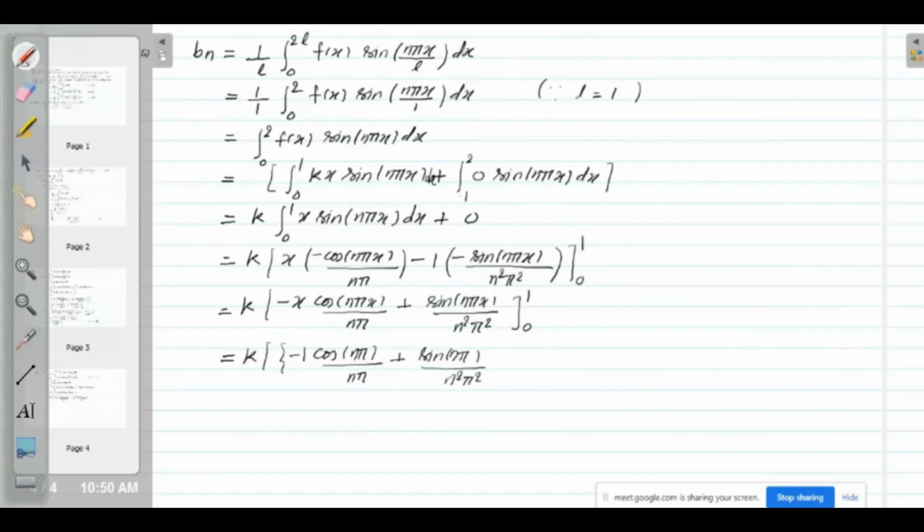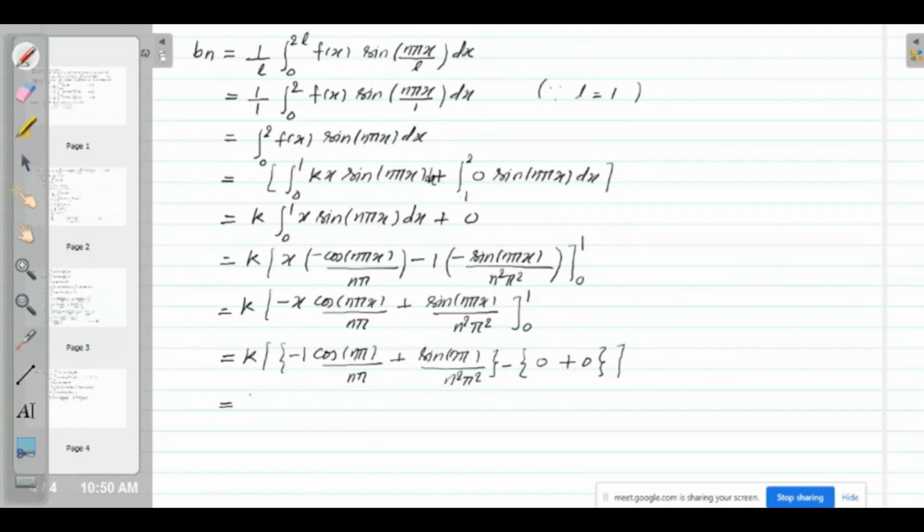This is for your upper limit, and minus the lower limit. Here, instead of x we put 0, so the whole thing will be 0, and sine 0 is also 0. So this is 0 plus 0, just close the main bracket.